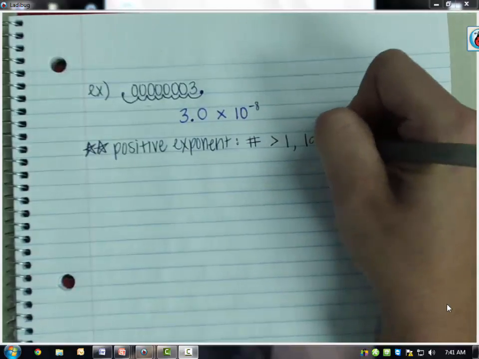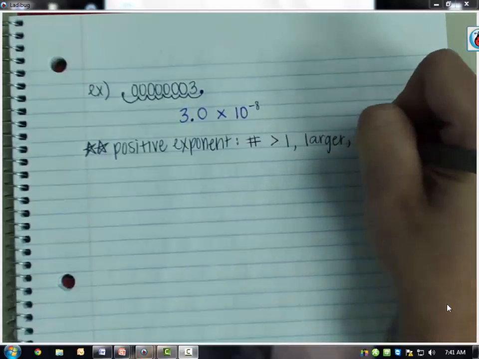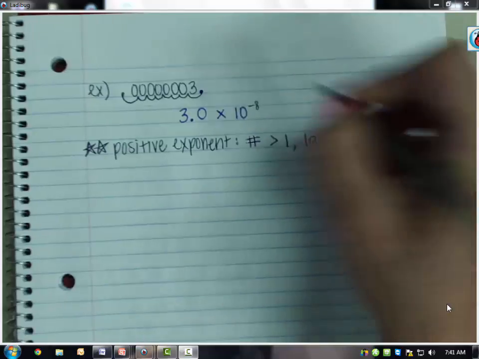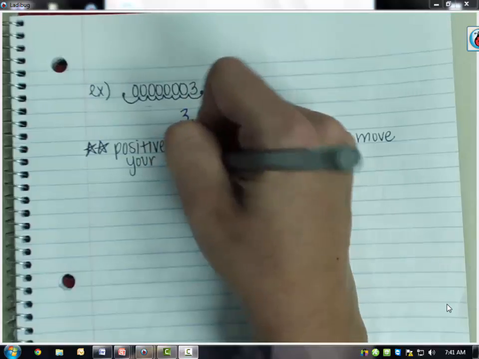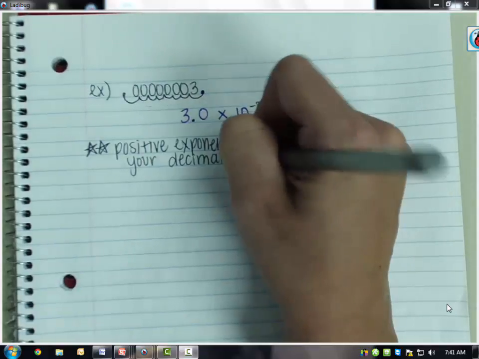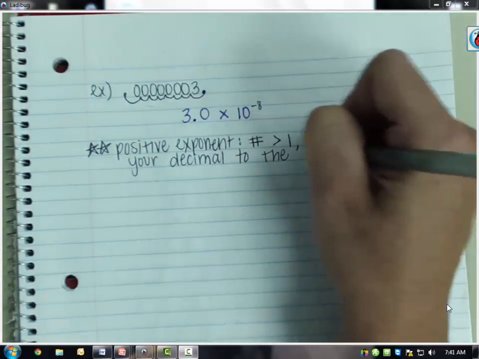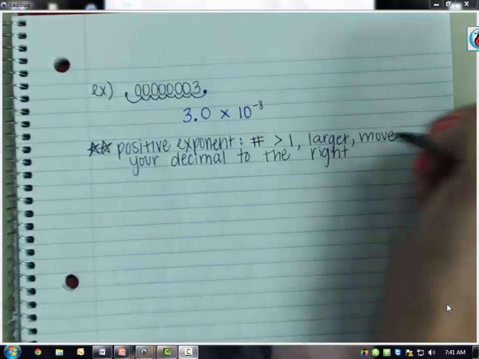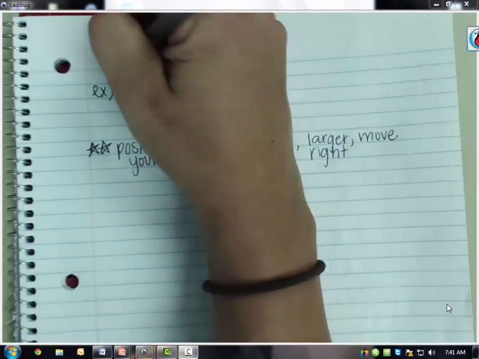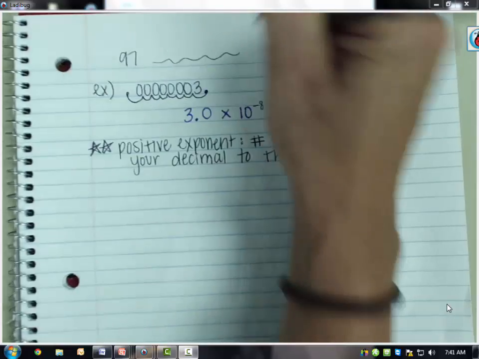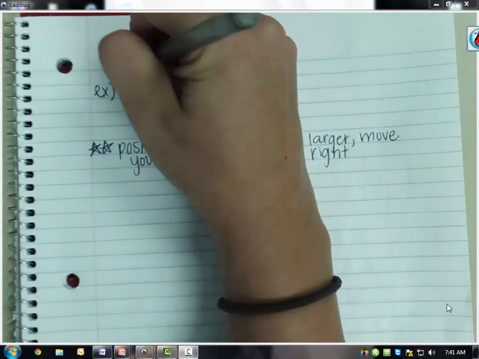Move your decimal to the right. Okay, so if you looked on the first example, we had 97, blah, blah, blah. Remember, we moved our decimal this way. Okay, moved it to the right.